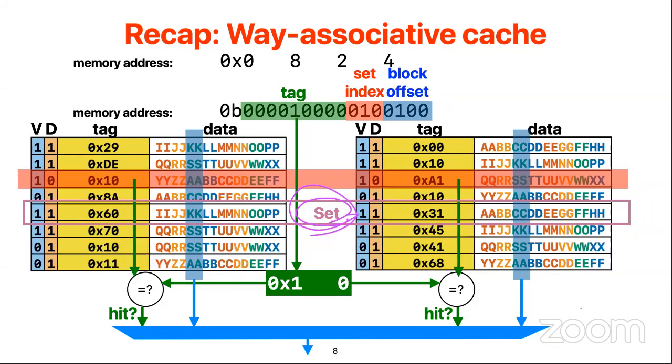Based on the set index. Right, as I said, you use the set index to go to this set, and then you use the block offset, and this is the fourth, so 0, 1, 2, 3, 4. Okay, cool. Yeah, I get it. Thank you.